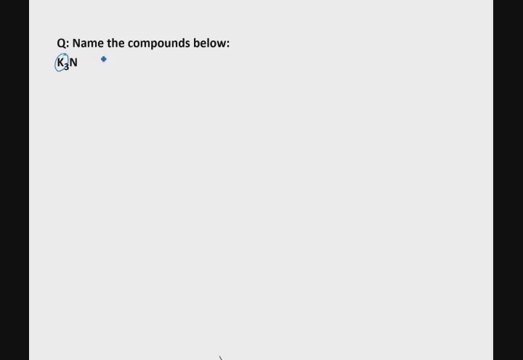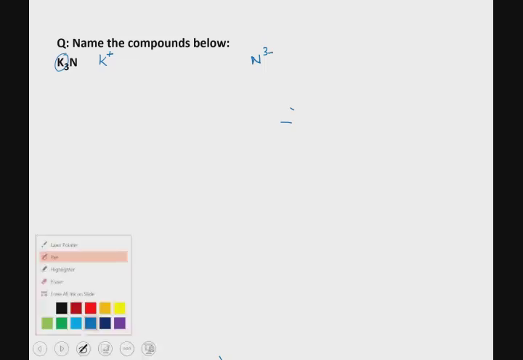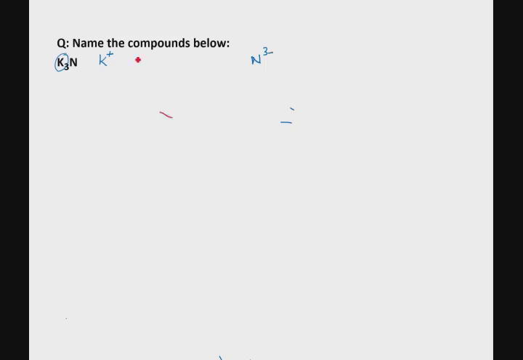The cation in this case is potassium with a +1 charge. The anion in this case is nitrogen. Any guesses what the charge is going to be on the anion? Exactly, 3-, and now we name it. Okay, so the cation has to be named as the name of the element, which is potassium.